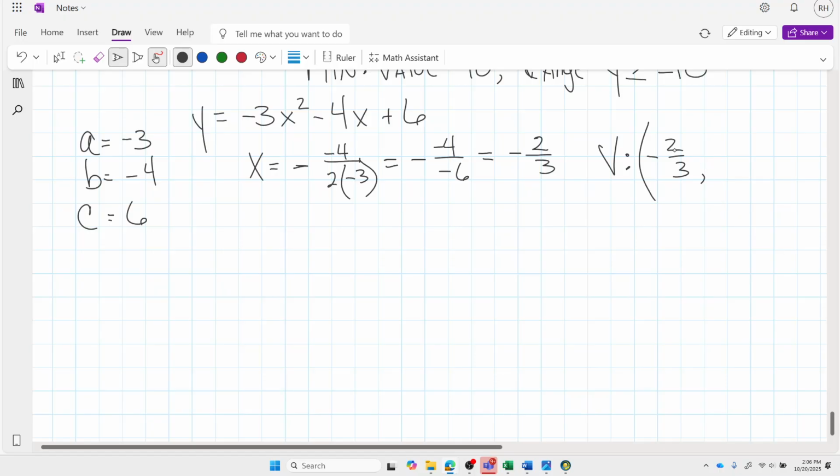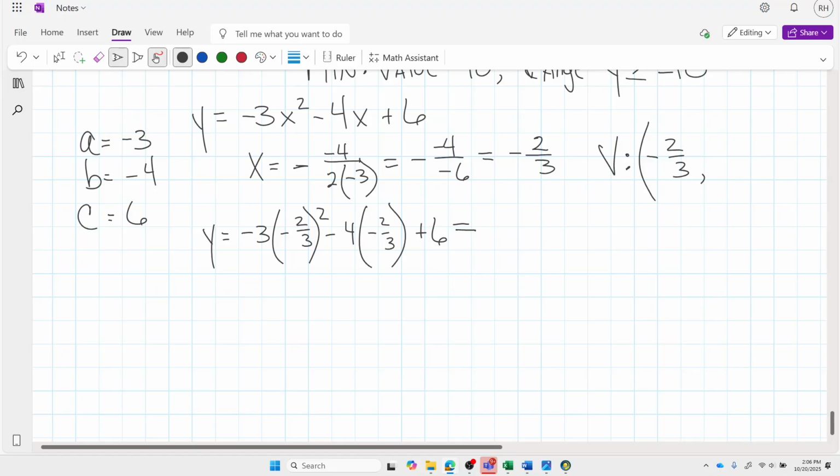Now our y value is going to come from substituting negative 2/3 back into this original equation. All right. So y at the vertex is equal to negative 3 times negative 2/3 squared minus 4 times negative 2/3 plus 6. So in the calculator, you can just work left to right.